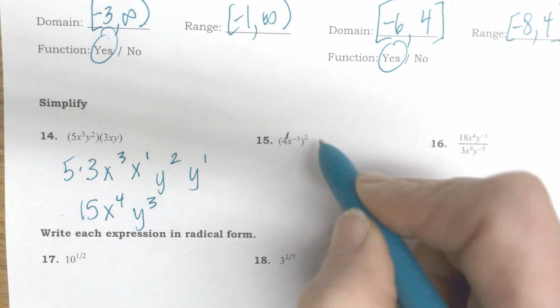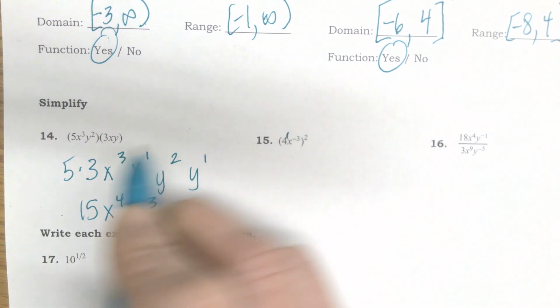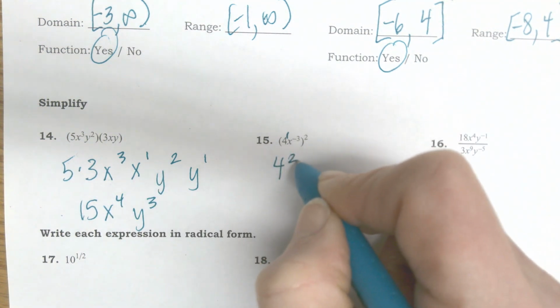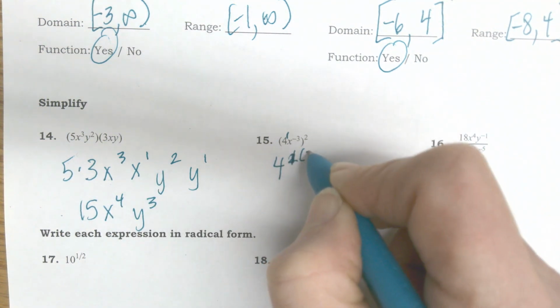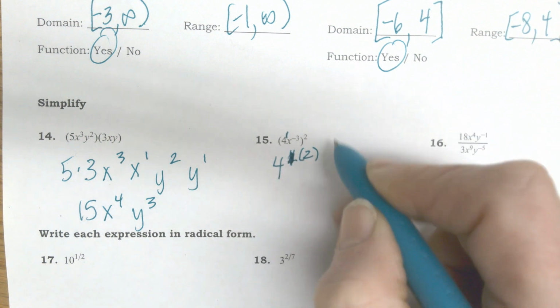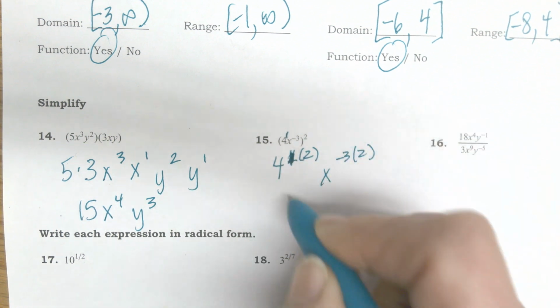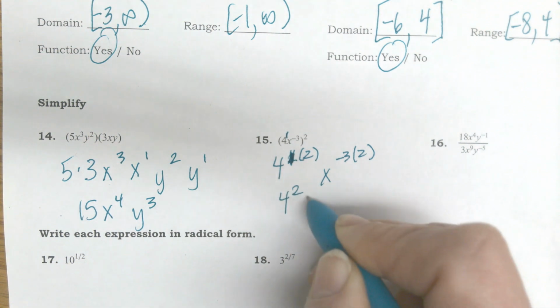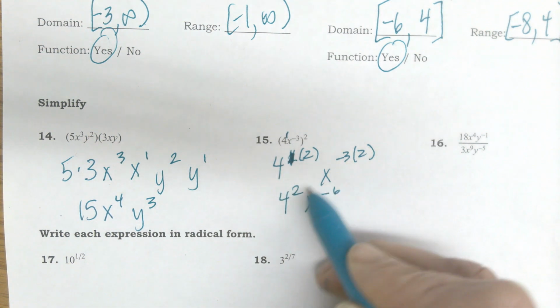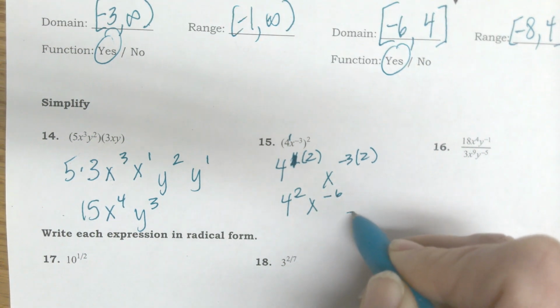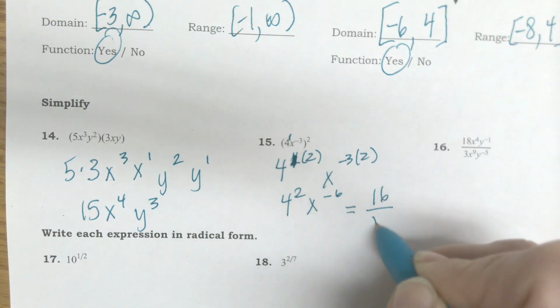I'm going to multiply that power through. Power on a power is multiply. Like bases, I add. So this would be 4 to the 1 times 2 power, not that that order really matters, x to the negative 3 times 2 power. So this is 4 squared x to the negative 6th. I don't like the negative power, so I'll bring that down to the bottom. So it would be 16 over x to the 6th.